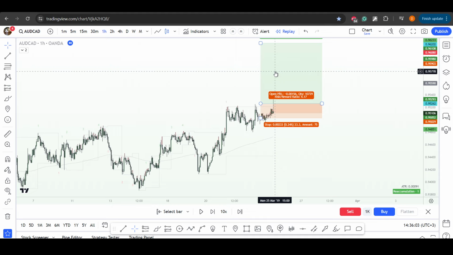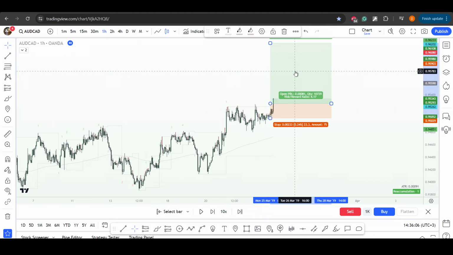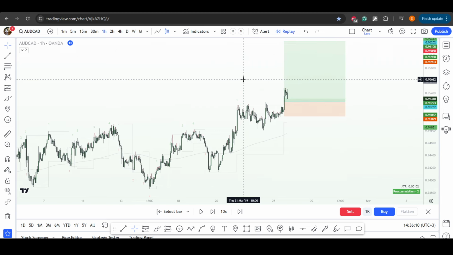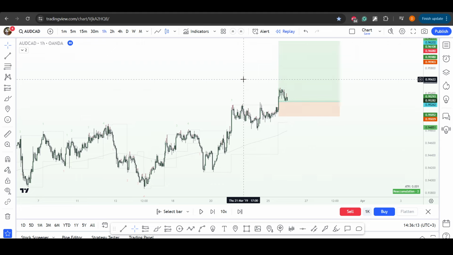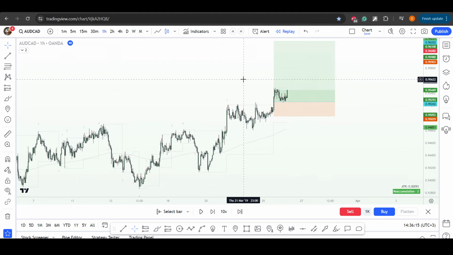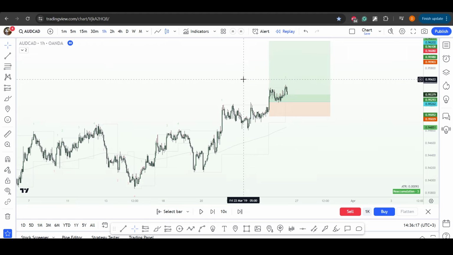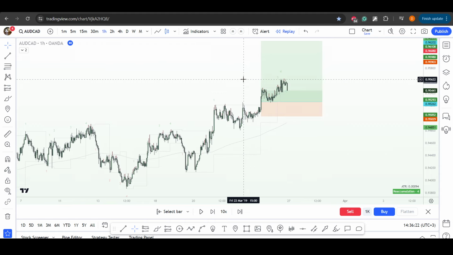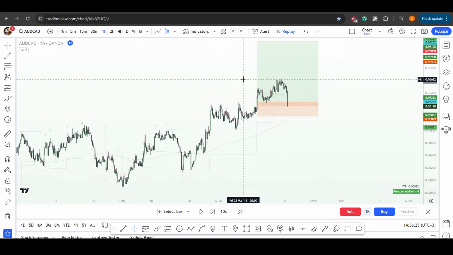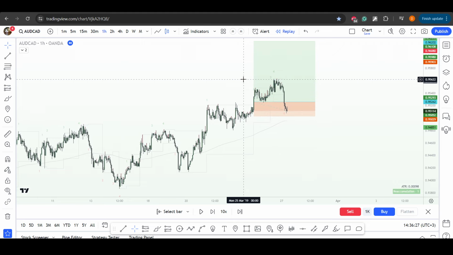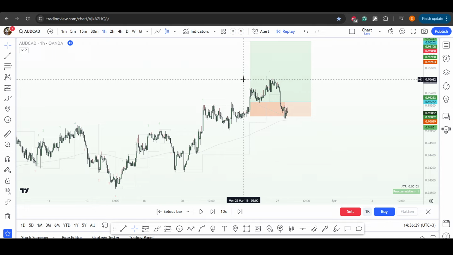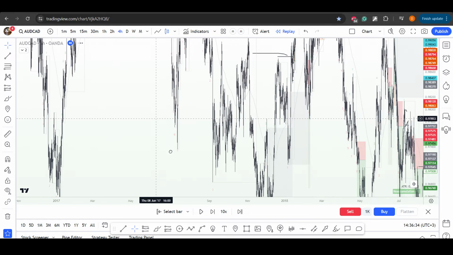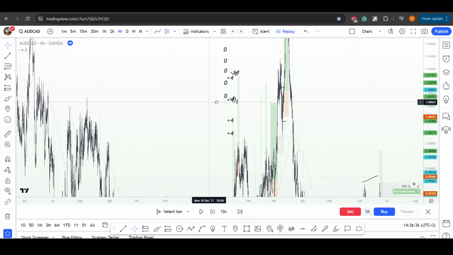So we are tapped, and let's see if price can hold itself. Starting to hold, but it's shy, you know. Oh, yeah, it's one more stop. It's one more stop here, unfortunately.